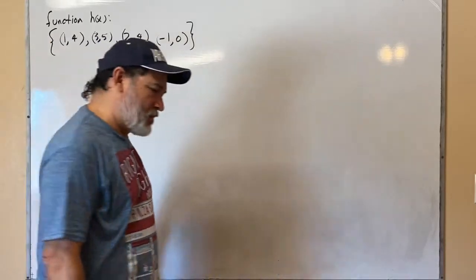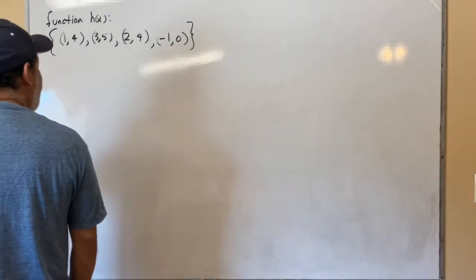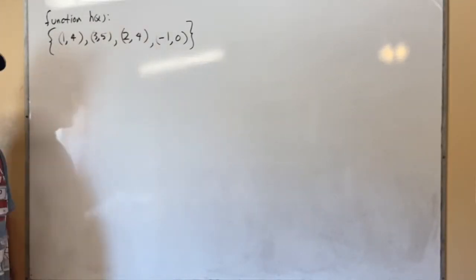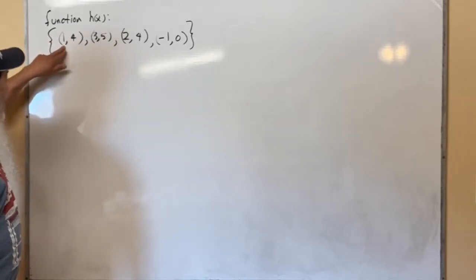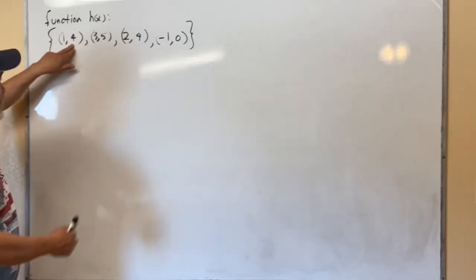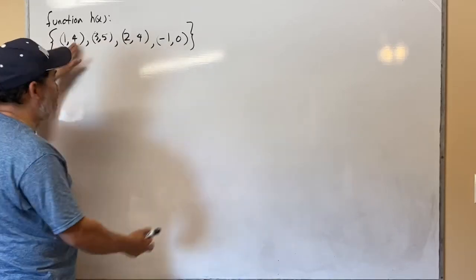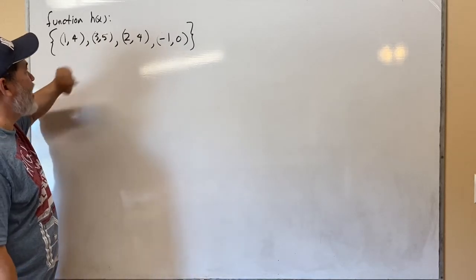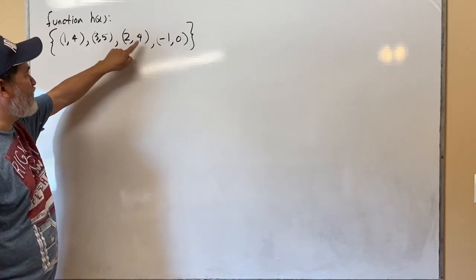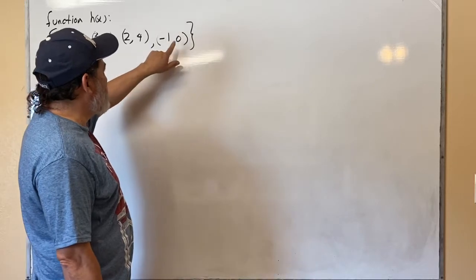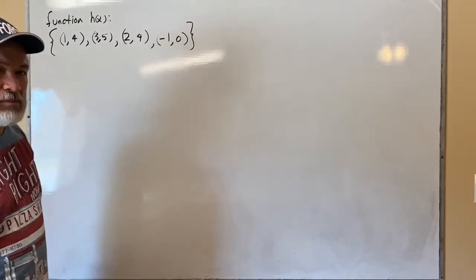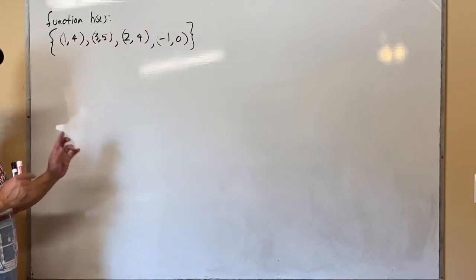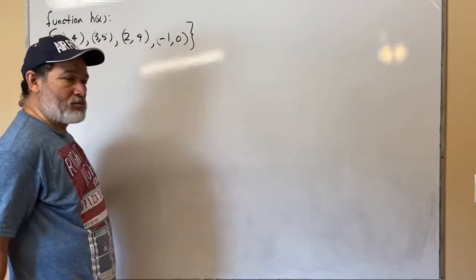That's it. So this x, 1, is paired with 4. Is there 1 again paired with another y value? No. So that's it. This x, 3, is paired with 5. This x, 2, is paired with 4. And this -1 is paired with 0. So this is a function, because there is no x value paired with two different y values.